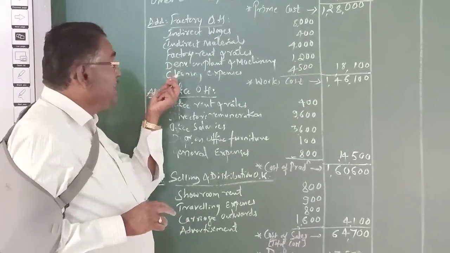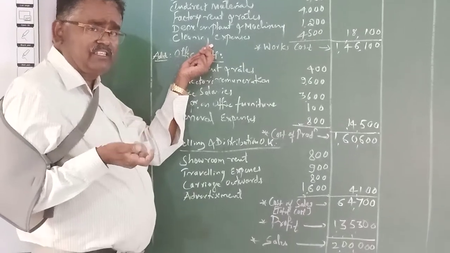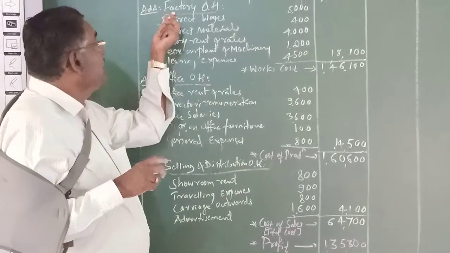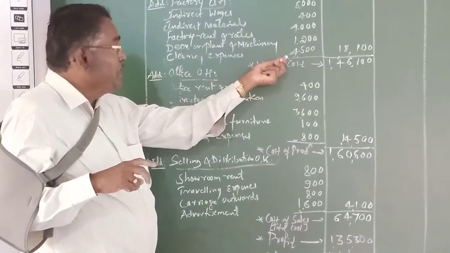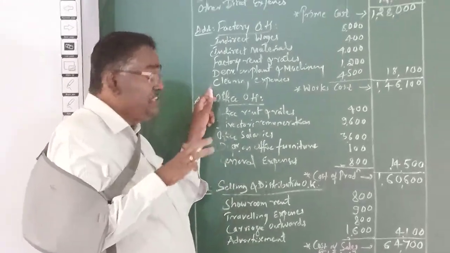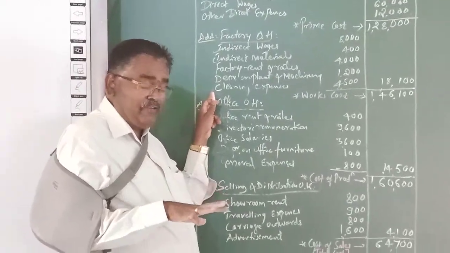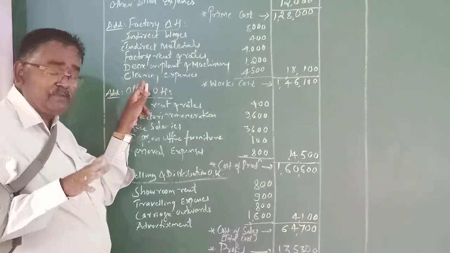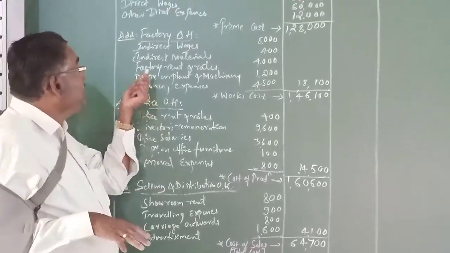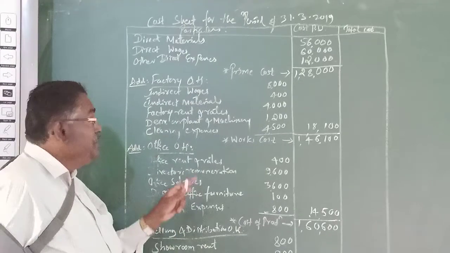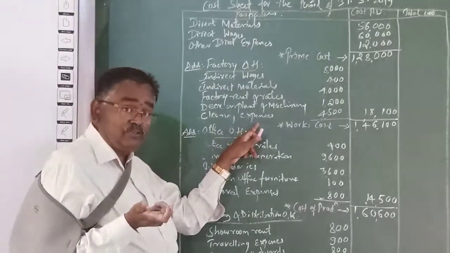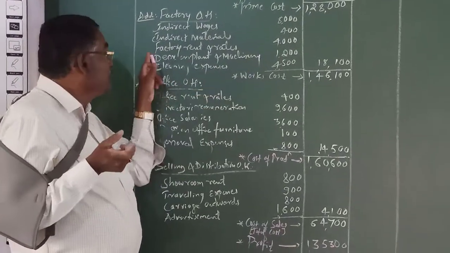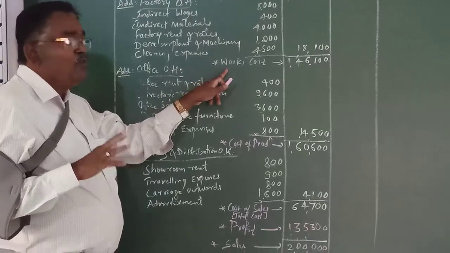Then factory cleaning expenses, cleaning, lighting, heating charges, are taken under this factory overhead, 4,500. Whatever expenses are incurred for the factory, such as heating, lighting, insurance, rent and cleaning, are taken under factory overhead. If there is any opening work in progress, it is added, and closing work in progress is deducted from the factory overhead; the result will be works cost.